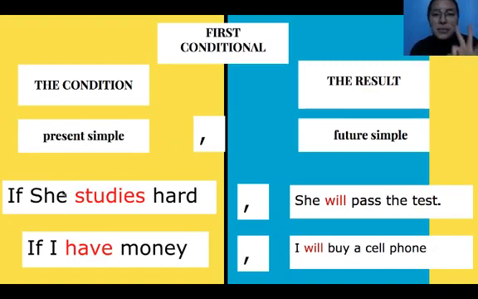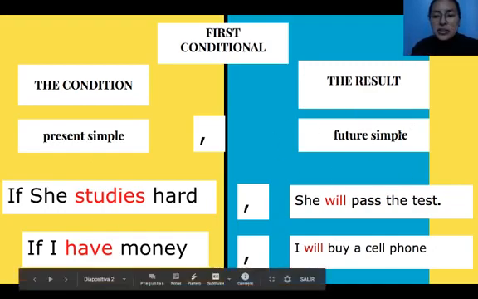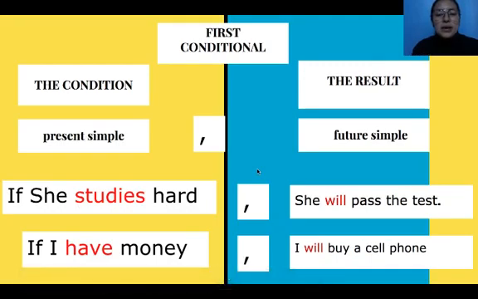In the third person, he, she, and it, you have to put s in the verb, okay? And in the case of the future simple, you have to remember the auxiliary. The auxiliary that we have to use in future simple is will. Very good. Don't forget that.